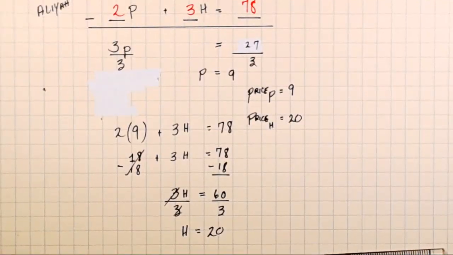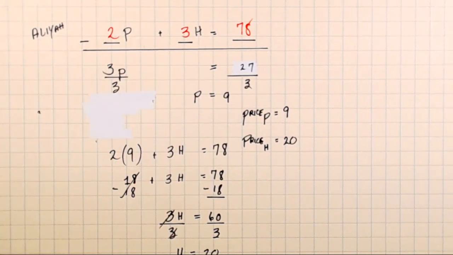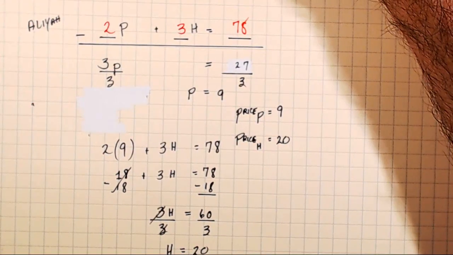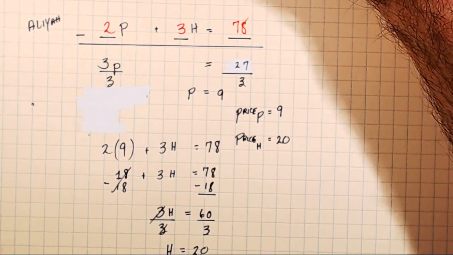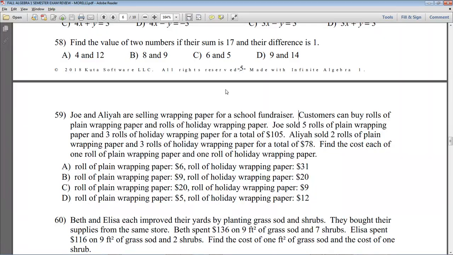All right, so let's see if that corresponds to our answer choices. Roll of plain is 9, roll of holiday is 20. Looks like B.